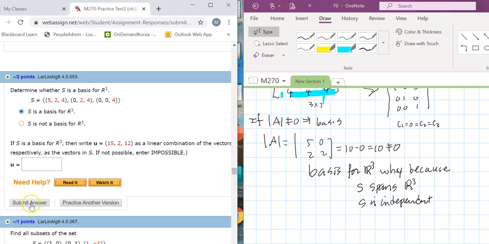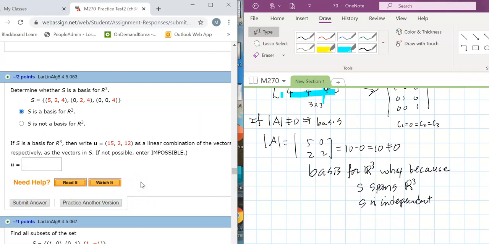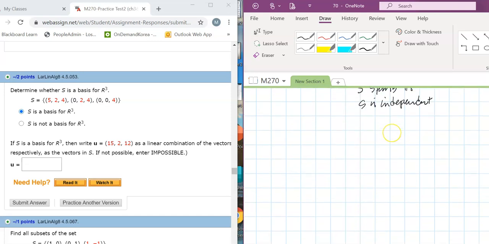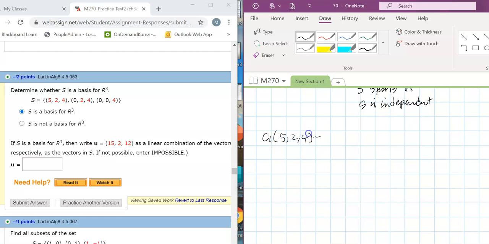Okay, so submit the answer. Oh, I gotta do the second part. What's the second part? Now, if S is a basis, then U is a linear combination of the vectors. If it's not possible, write impossible. So let's do it. Write C1 524 plus C2 024 plus C3 004, and can I have 15 to 12?